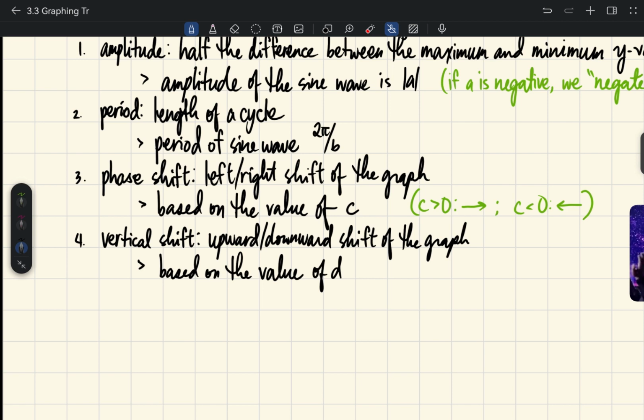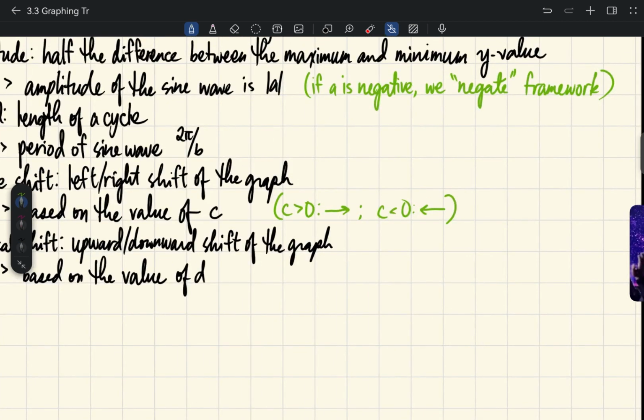In particular, if d is positive, then its effect is an upward shift. But if you have a negative d, its effect is a downward shift.